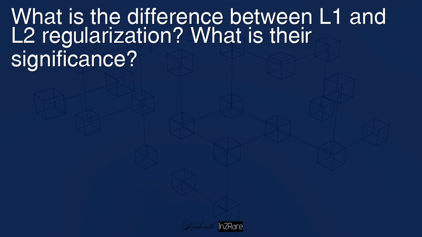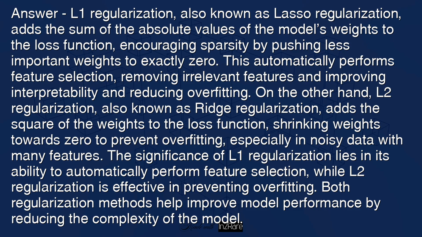What is the difference between L1 and L2 regularization? What is their significance? Answer: L1 regularization, also known as lasso regularization, adds the sum of the absolute values of the model's weights to the loss function, encouraging sparsity by pushing less important weights to exactly 0. This automatically performs feature selection, removing irrelevant features and improving interpretability and reducing overfitting.